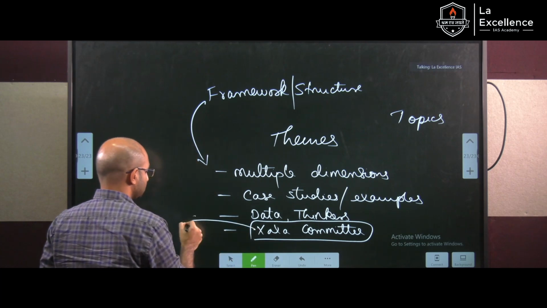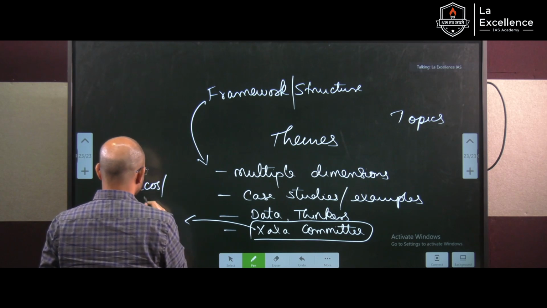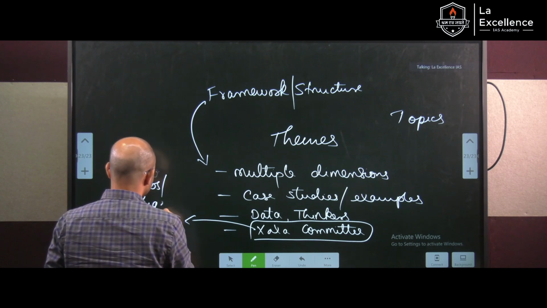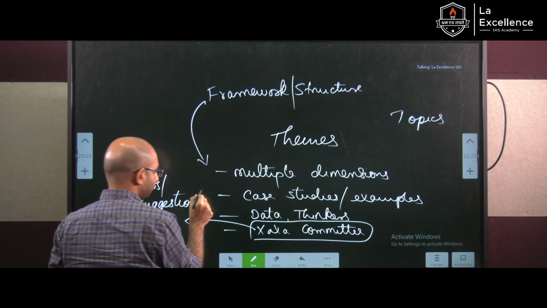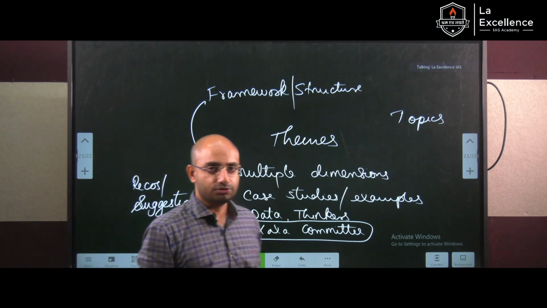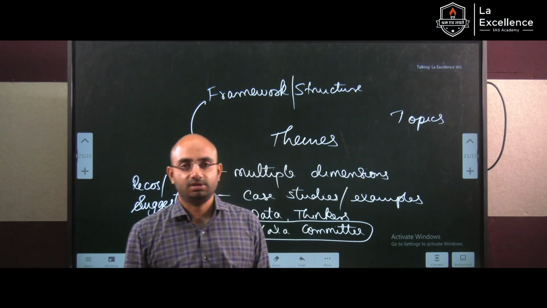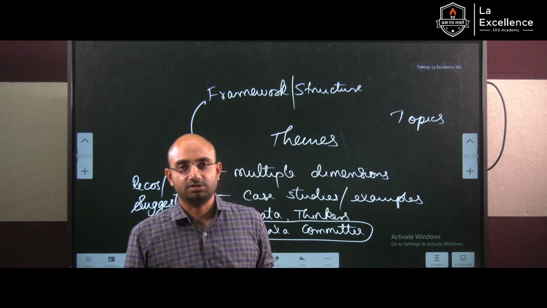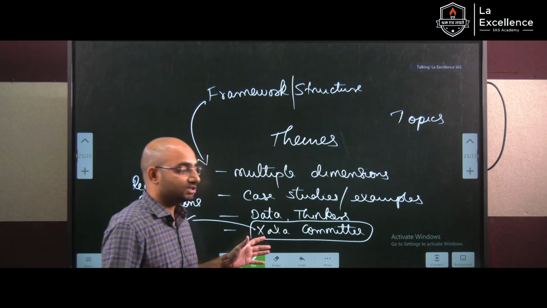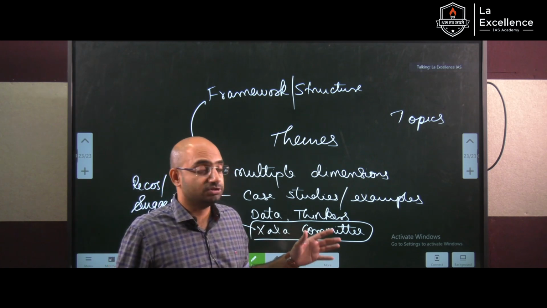And this committee's recommendations or suggestions must be used in your answers. I find it very surprising why very few students use them, and even those who mentioned this committee did not give it as much importance as it deserves. It's like just mentioned in passing without really delving into the substantive recommendations of the committee.